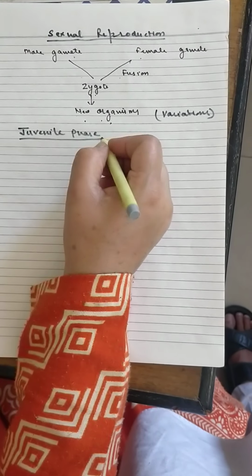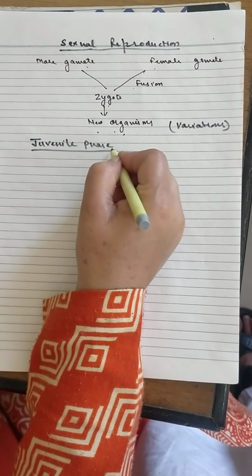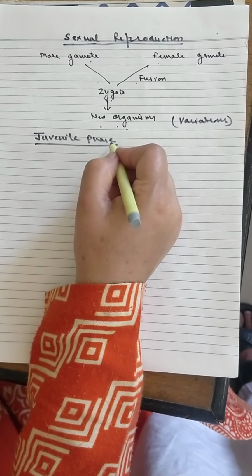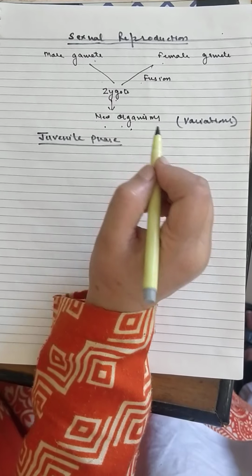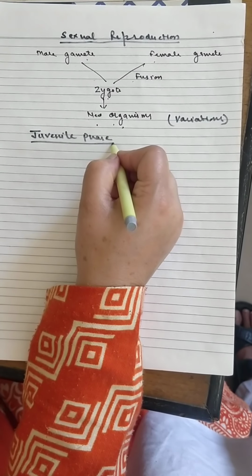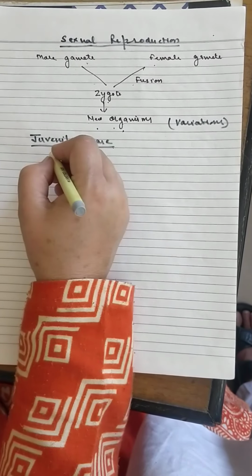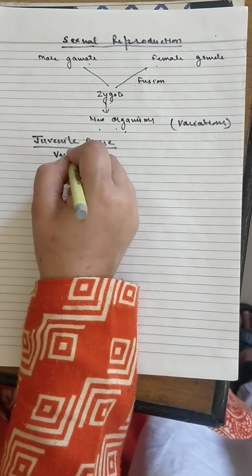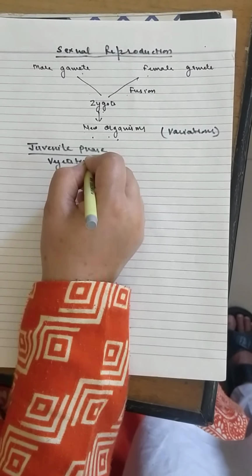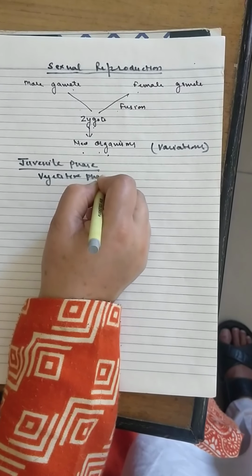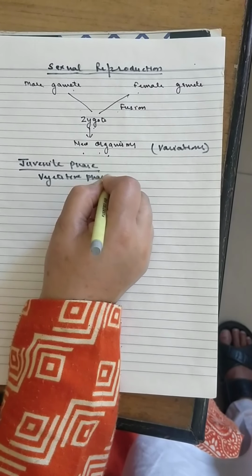So this is from birth to birth. There is growth, and then before reproduction this phase is known as the juvenile phase. In plants it is also known as the vegetative phase. So the end of the vegetative or juvenile phase means the beginning of the reproductive stage.